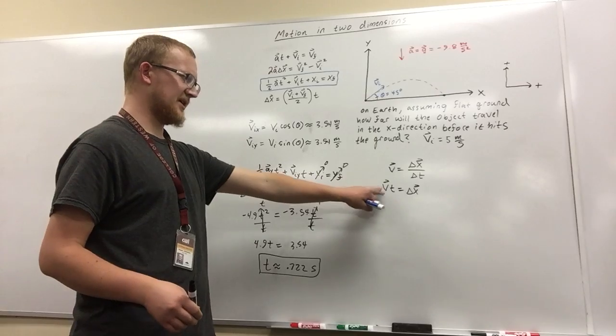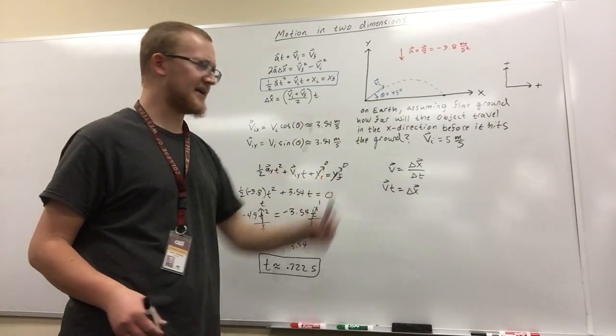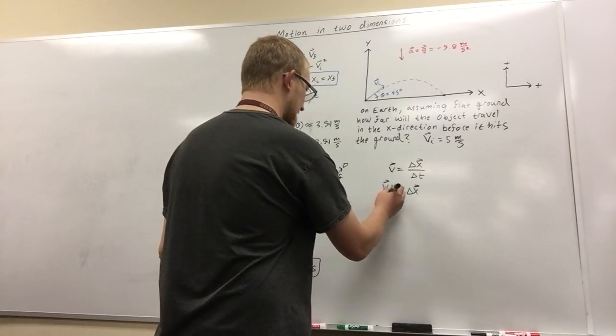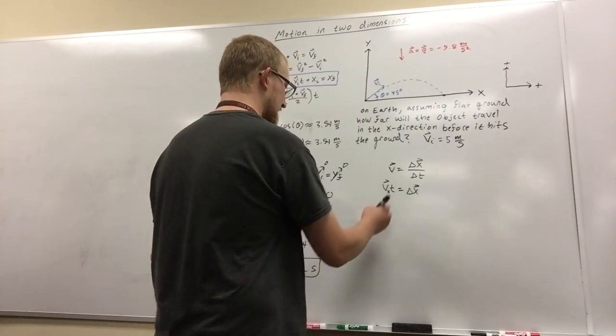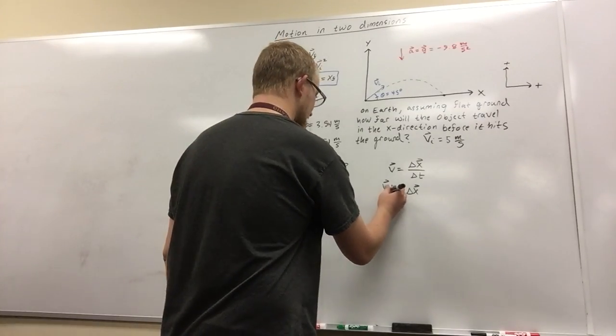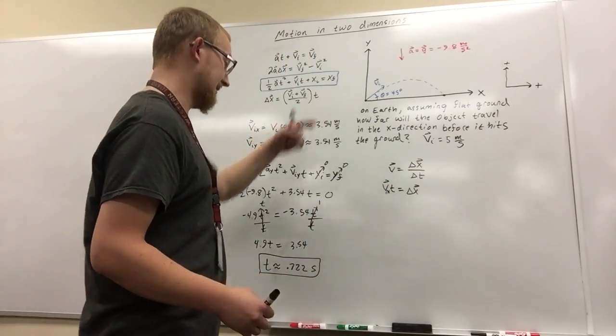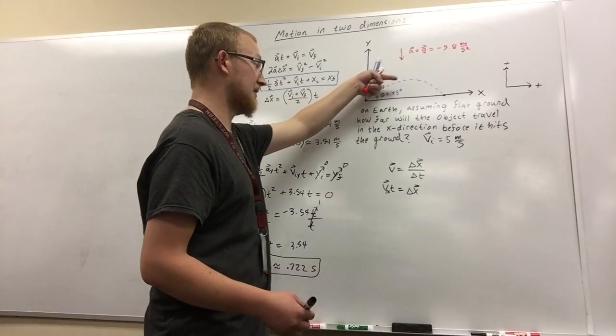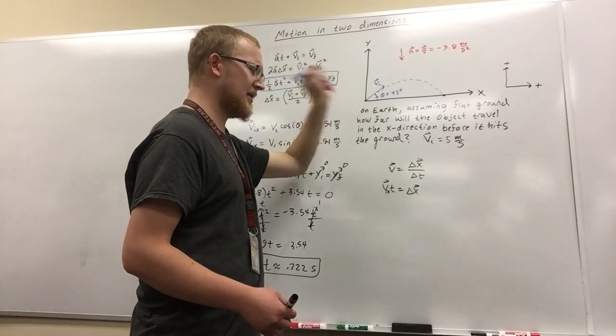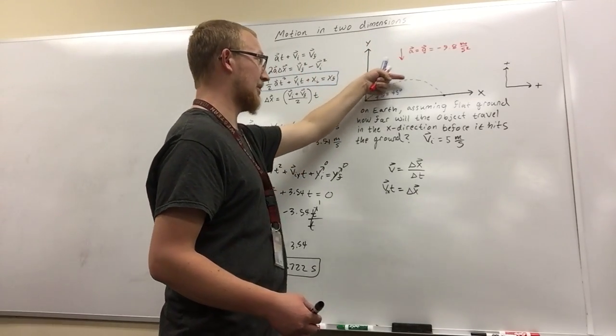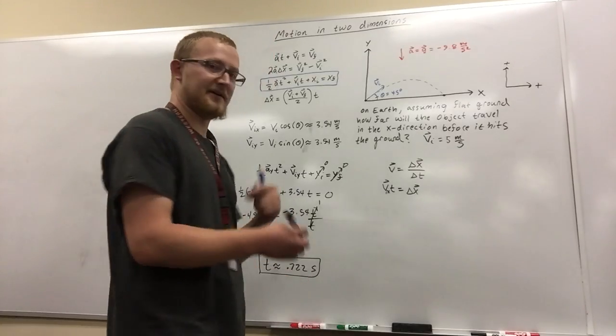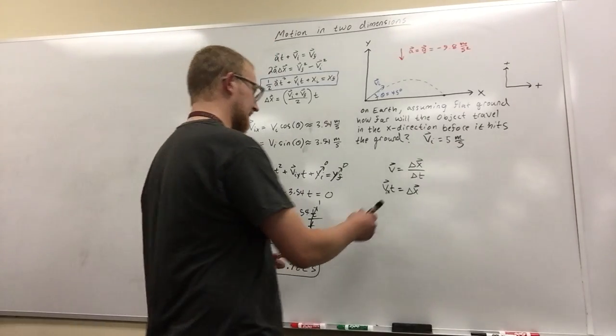Which v would this be, though? Because we're interested in the x direction, this is going to be v in the x direction. And it's actually going to be our initial v, too. Like I said, the v_ix component of velocity will always be the same because there's no acceleration acting on it.